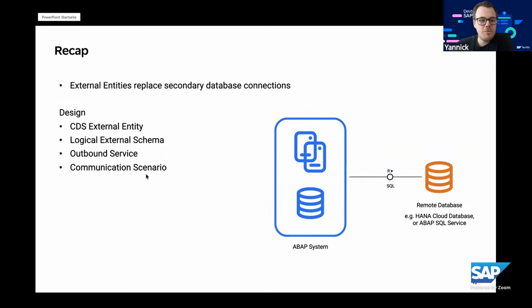This communication scenario is used at configuration time by the administrator in the communication arrangement app, where you can fill out all the necessary data that is needed to connect to the remote database, for example, user and password, or even certificates if you are able to use PSEs.